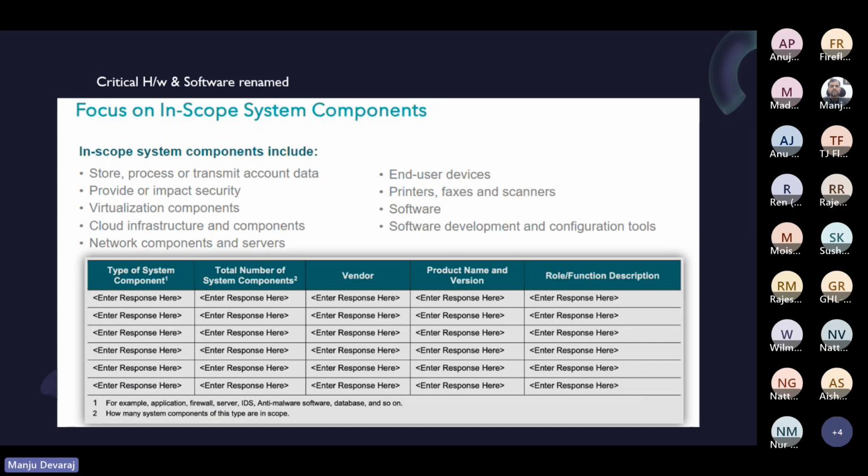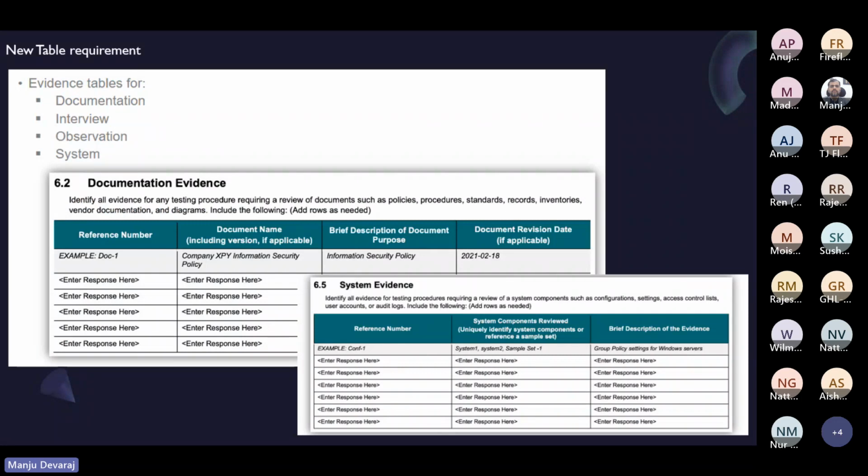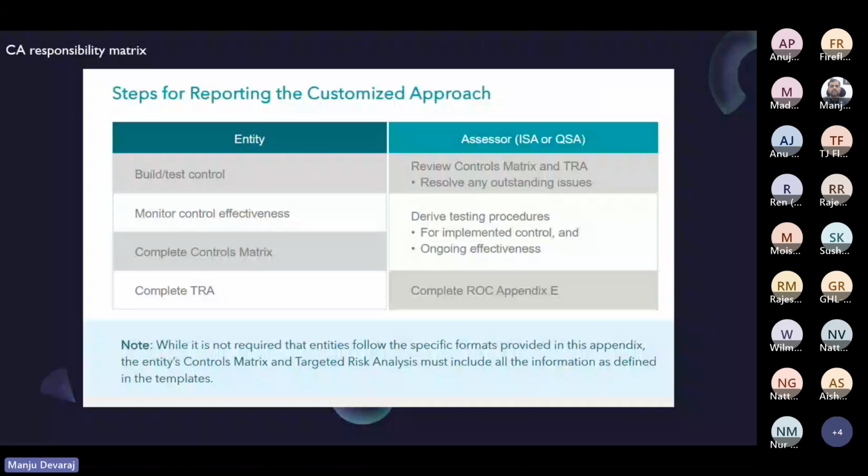Now, critical hardware and software, as I said, has also been covered very clearly: the functions, vendor, total number of system components, and all this. System evidence and documentation evidence have all been segregated now, clean and neat, not one place where you throw everything. Next is the responsibility matrix, to refresh the knowledge from the earlier slides.